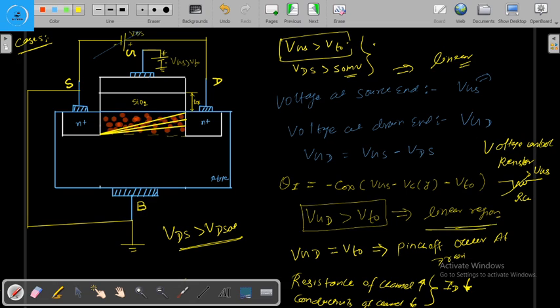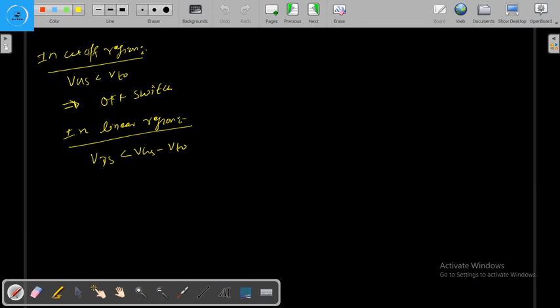When we expand this, VGD equal to VGS minus VDS is greater than VT naught. If we expand this, we have seen that VDS is less than VGS minus VT naught. So this is the voltage condition for the linear region operation.